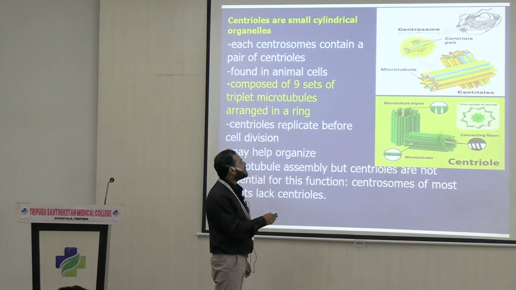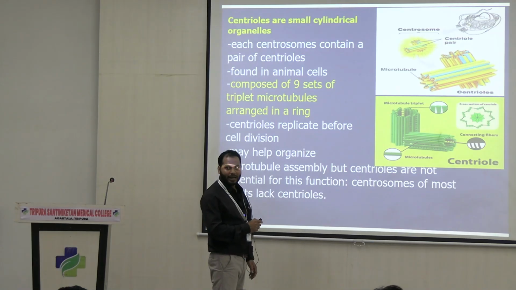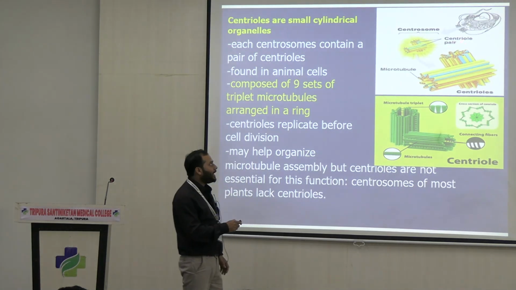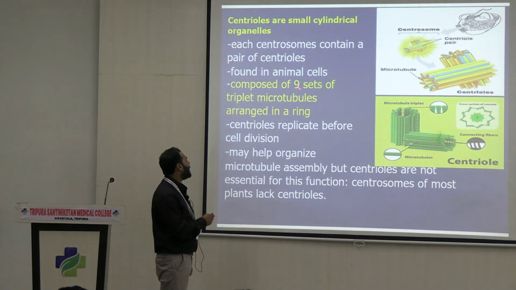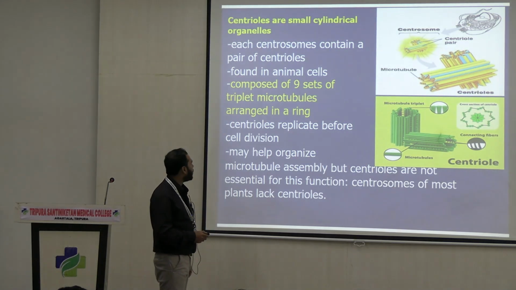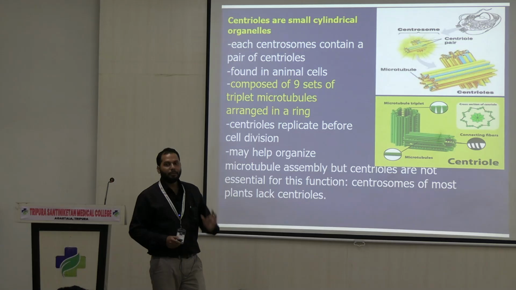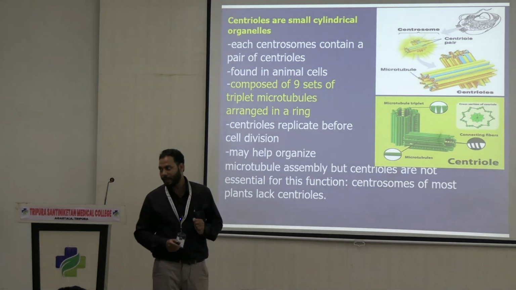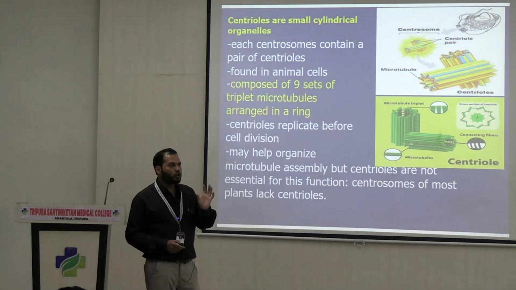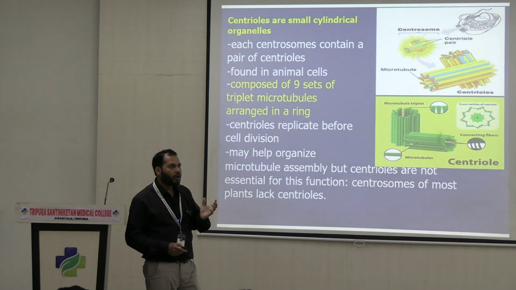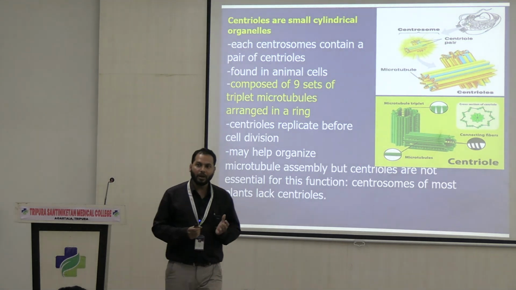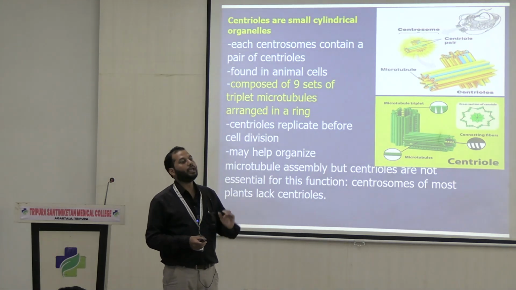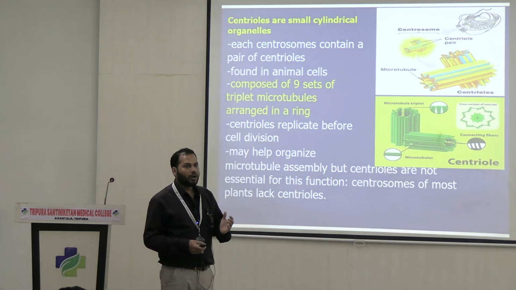This is another single triplet microtubule. Like this, a single centriole structure contains 9 sets of triplet microtubules, and they make a ring-shaped structure. So the centrosome is mainly composed of a pair of centrioles, and those centrioles are made up of microtubules, mainly 9 sets of triplet microtubules arranged in a ring.